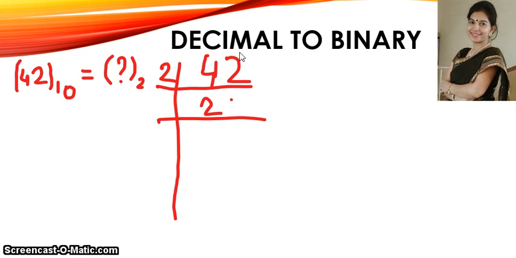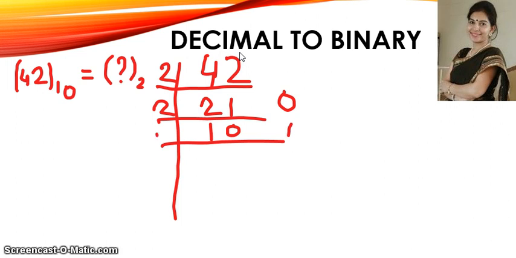So it will be 21. Write the remainder separately. The remainder will be 0. Then again divide the number by 2. The quotient will be 10 and the remainder will be 1.